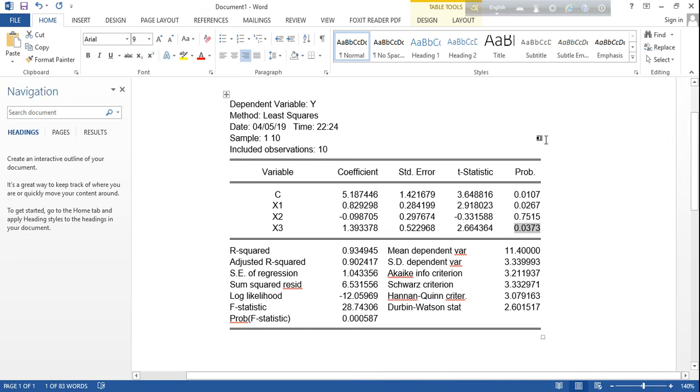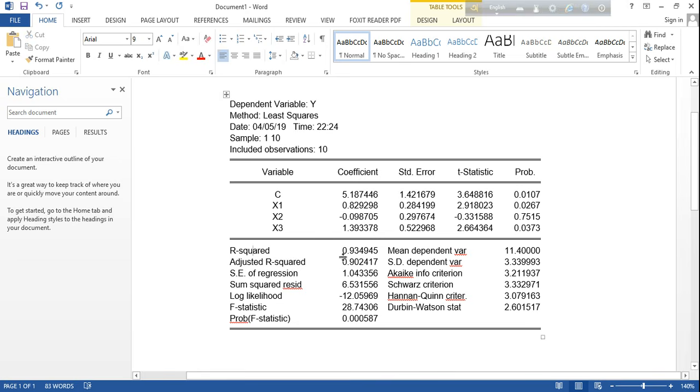Then come to the next section, I mean this portion, and here we will determine, as said before, we will interpret the values of r squared and adjusted r squared.